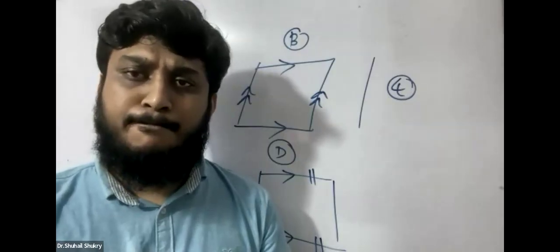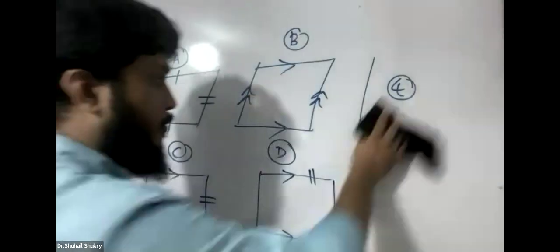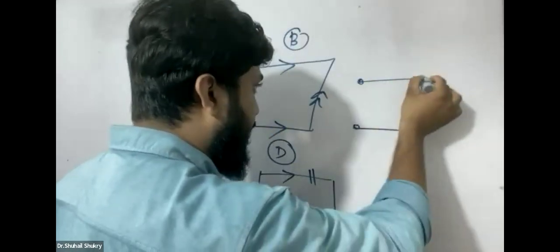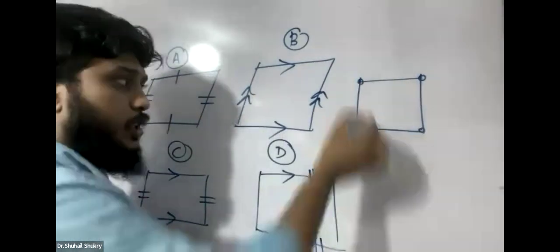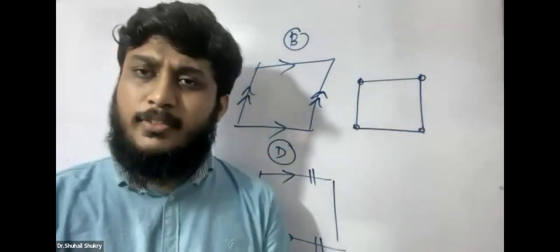Think. You can never draw that. If these two sides are equal, say 4 centimeters and 4 centimeters, you're drawing exact. Now you are connecting this corner to this corner, this corner to this corner. That will be a parallelogram.